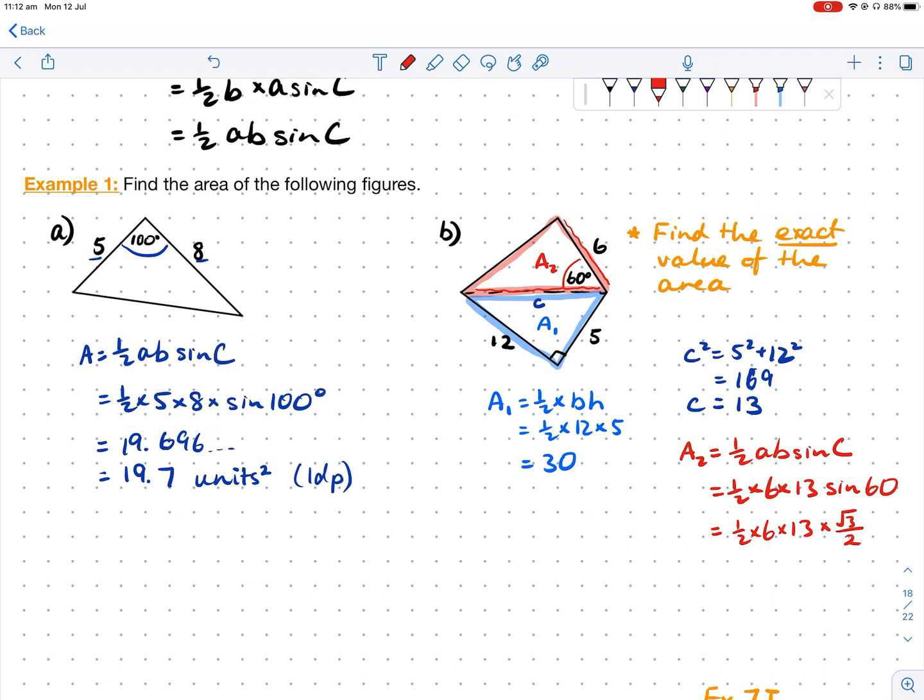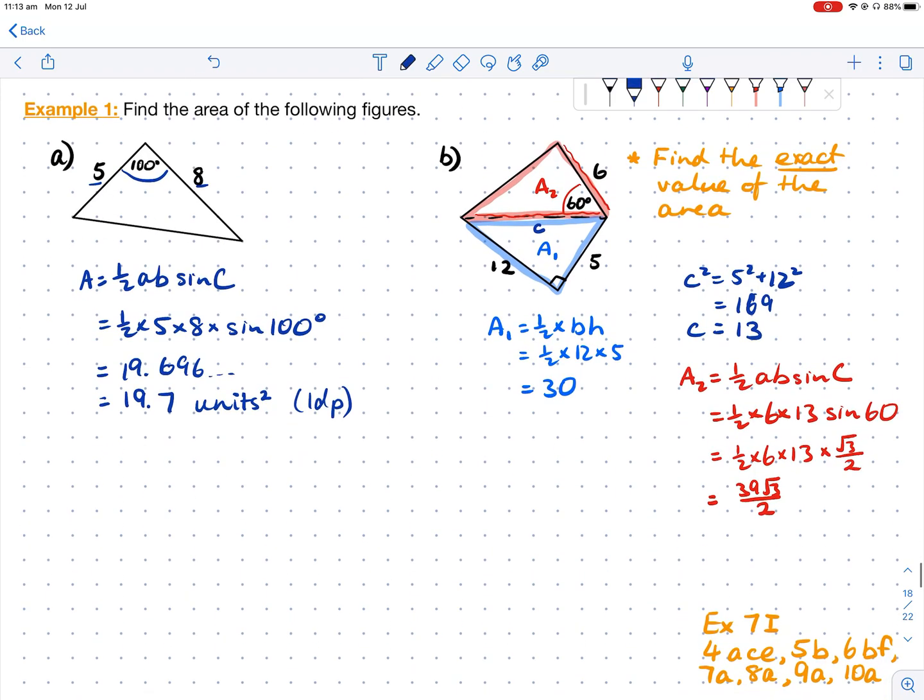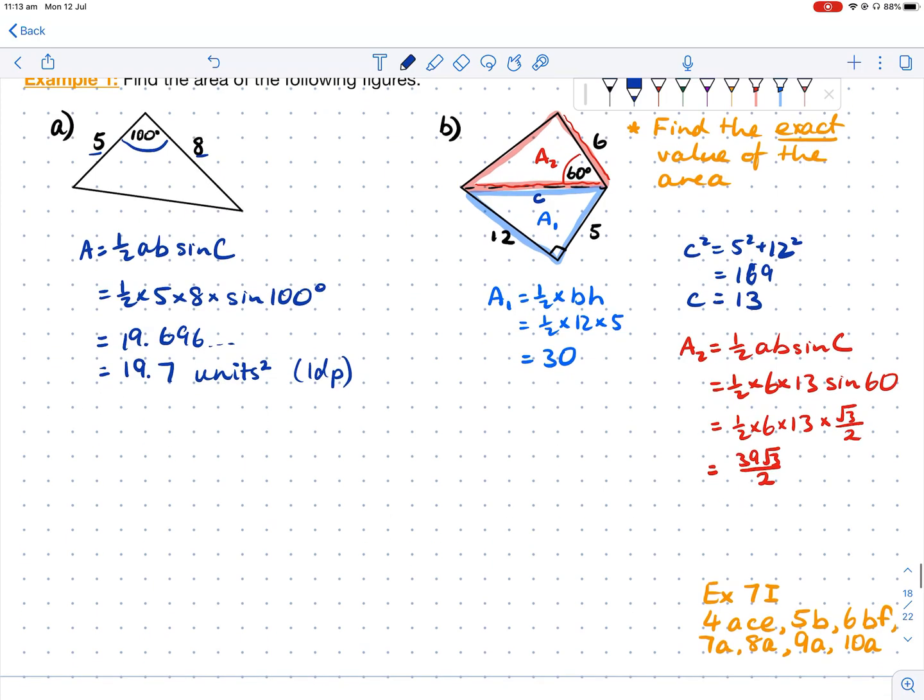So what we've got is half times 6 times 13 times root 3 over 2. If you're not sure, make sure you refer back to your triangles. When we simplify that, it's 39 root 3 over 2. That would be the exact value for A2. To find the total area, we're now going to add together those two.